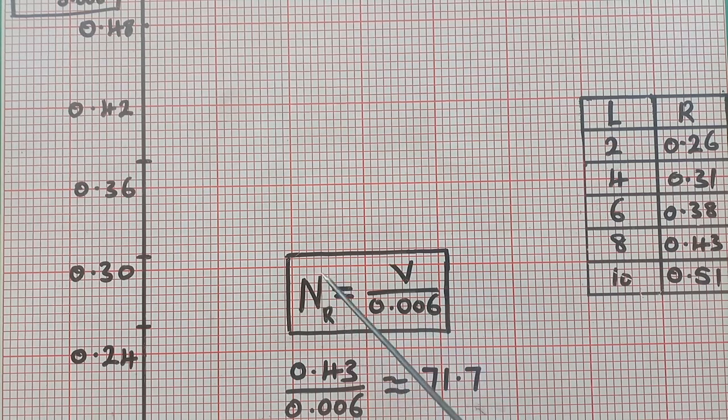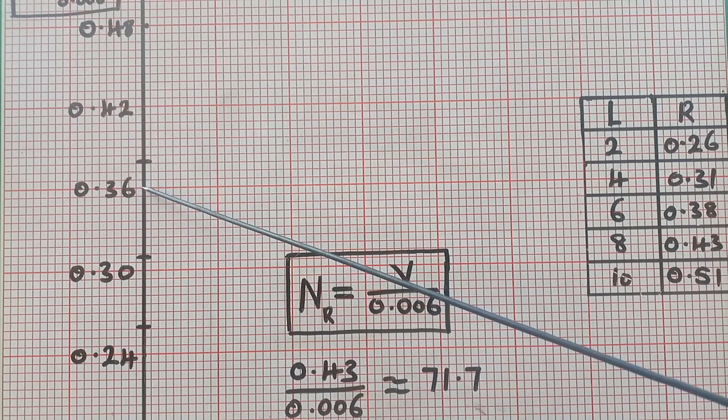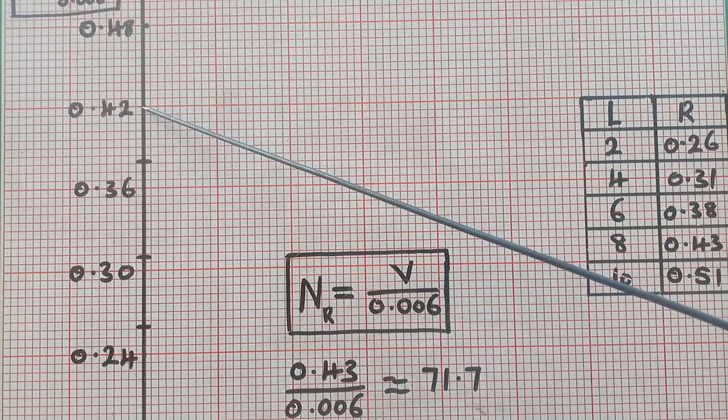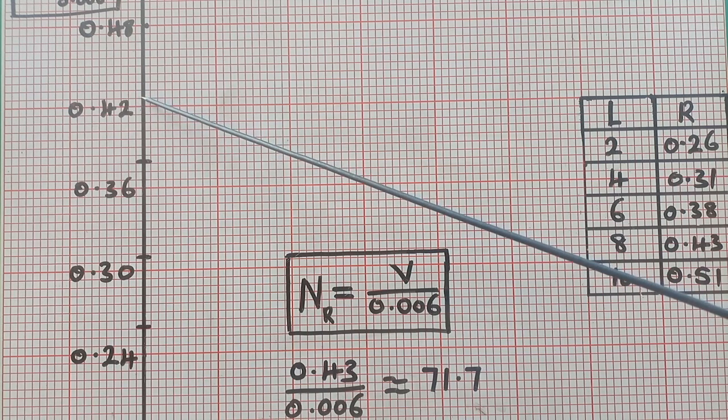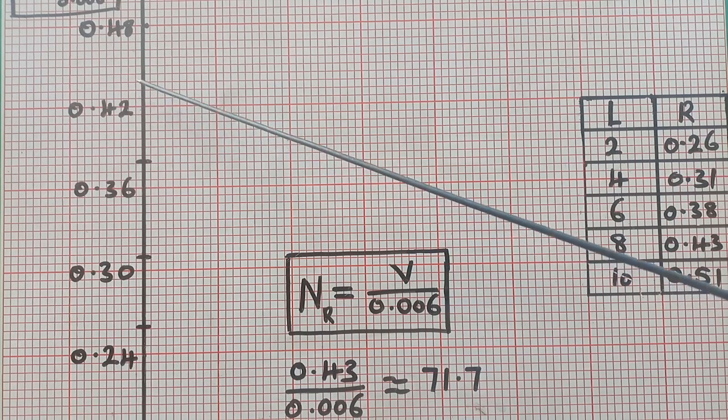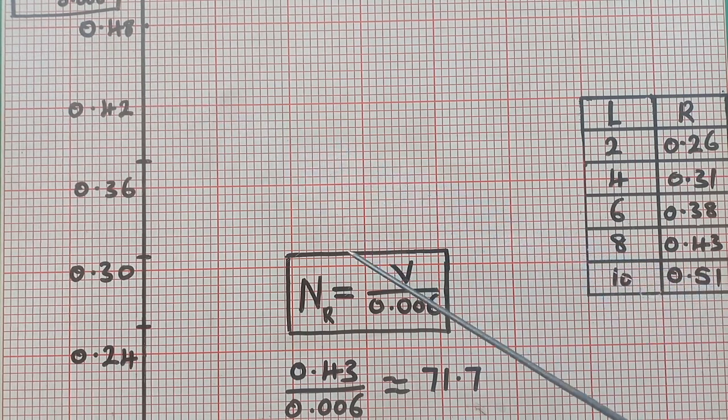To make it easy, we recall that this place, counting from the origin, is already 40 unit boxes. Let's continue. 50, 60, 70, 71. The next box will help us get 0.7. Let me mark it.